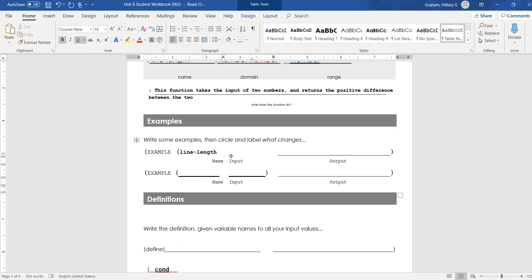Line length, and I know I need to put in two numbers, so I'll put something easy like 40 and 30, get rid of this underline, and then close. So I know that what I want the computer to do is subtract 30 from 40, so I write it like that.